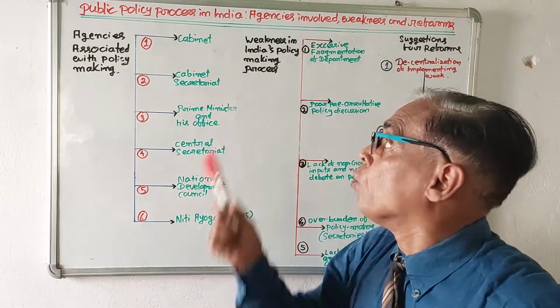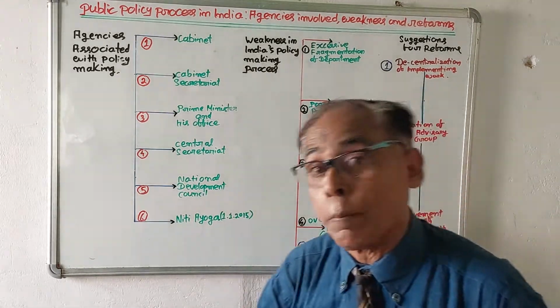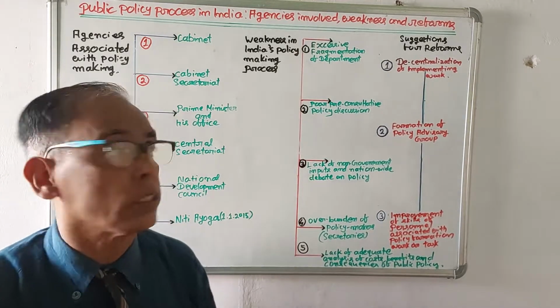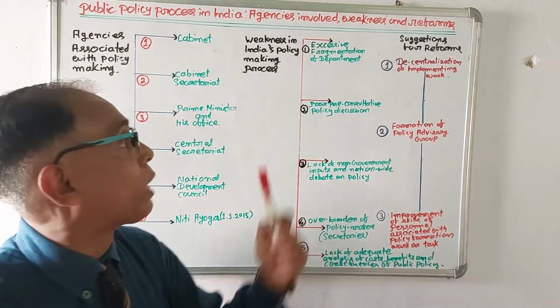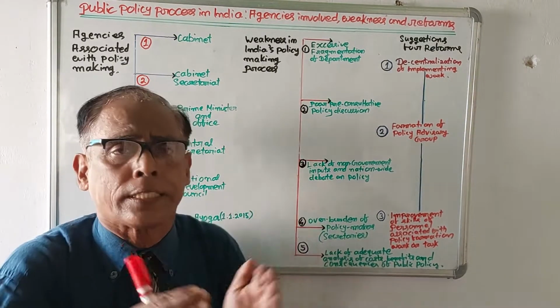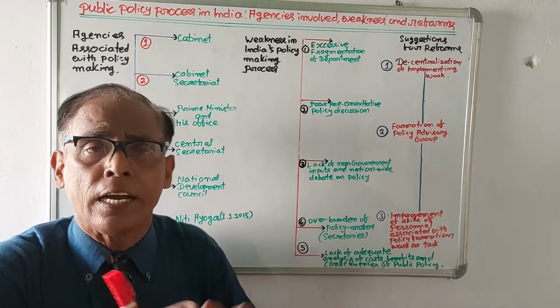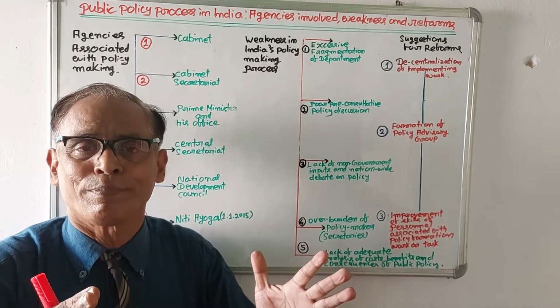Now we'll discuss what the weaknesses of India's policy making process are. There are some weaknesses of India's policy making process. The first weakness is excessive fragmentation of departments.